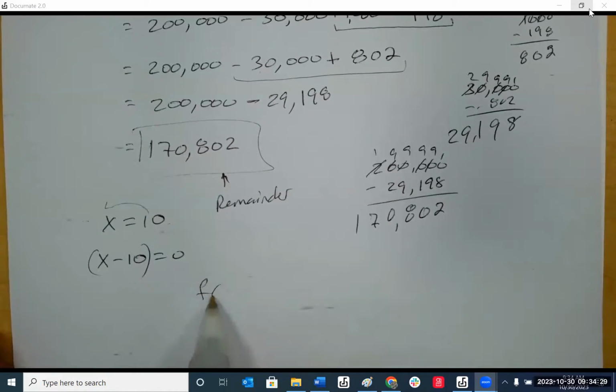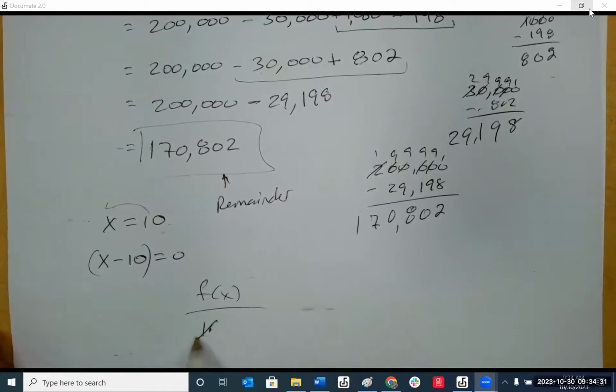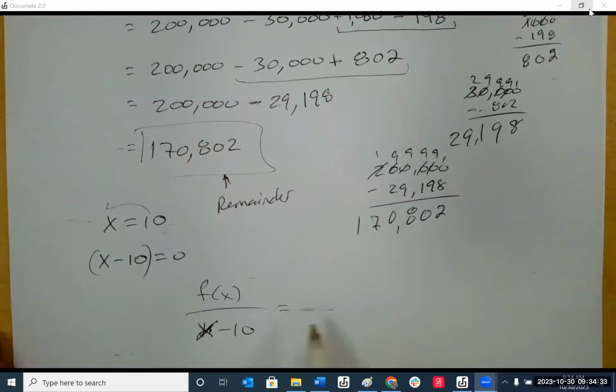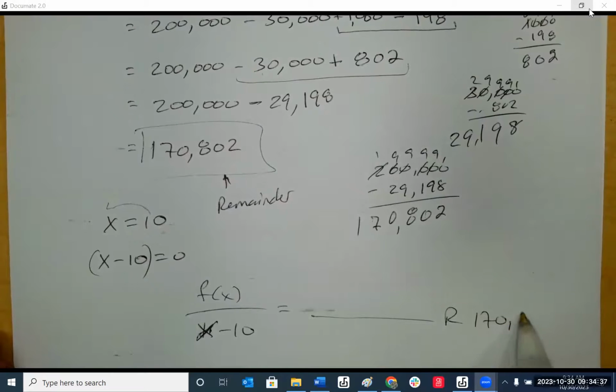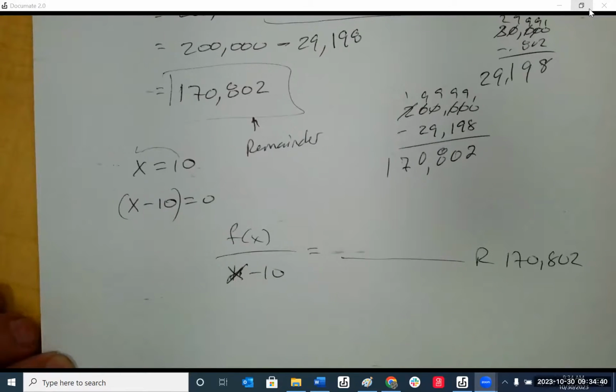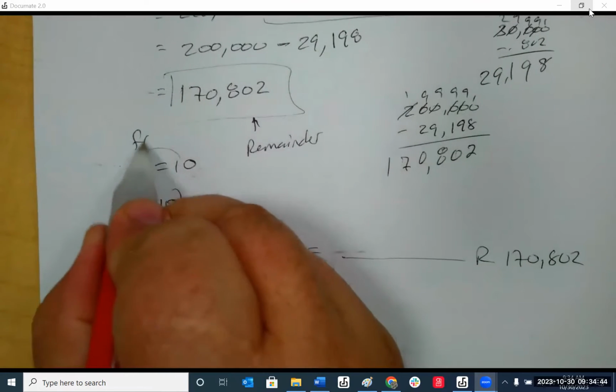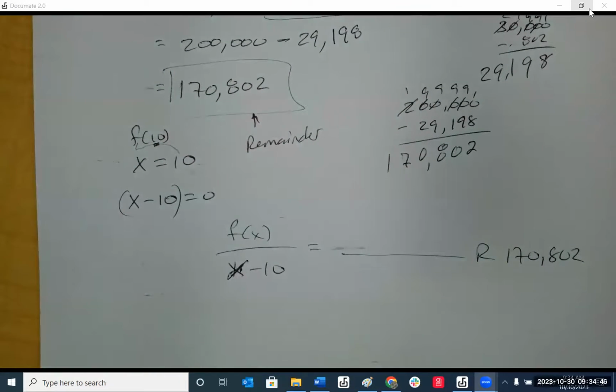So if we took the f of x divided by x minus 10, we'd get something with a remainder of 170,802. Remember, whatever you have inside the parenthesis, that's the zero value. That's your x-intercept. I'm trying to hurry, get you guys out of here.